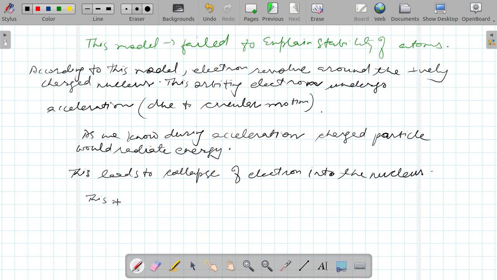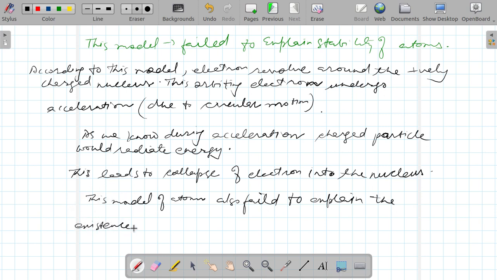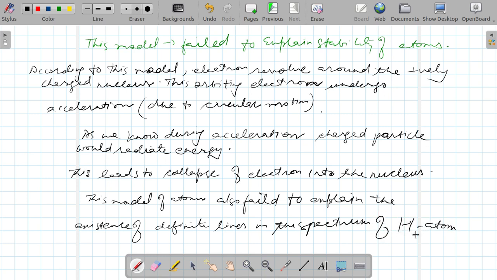Then this model of the atom also failed to explain the existence of definite lines in the spectrum of the hydrogen atom.